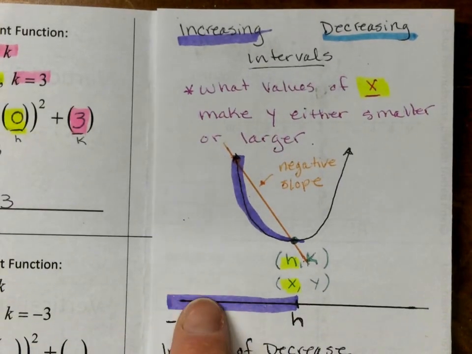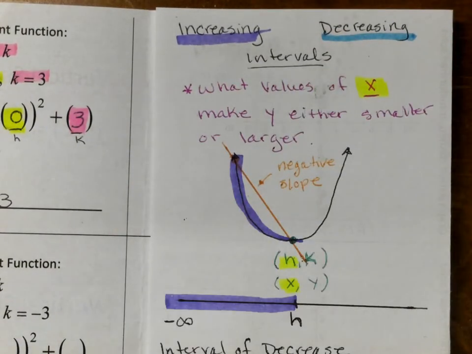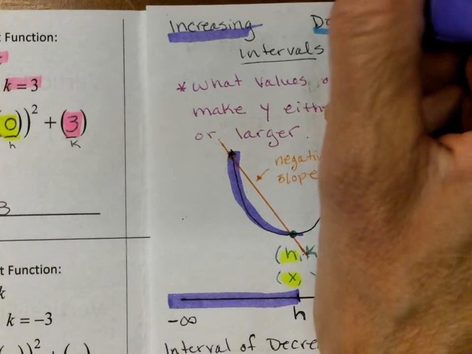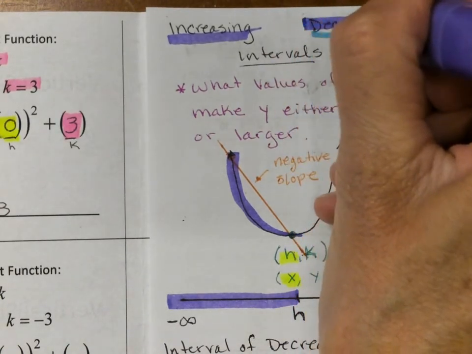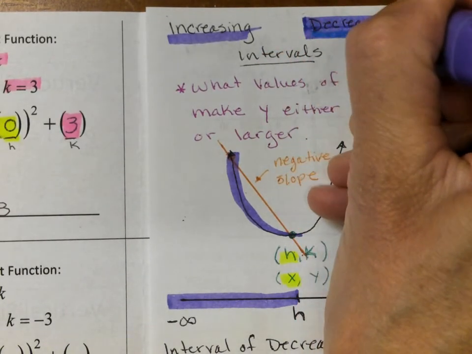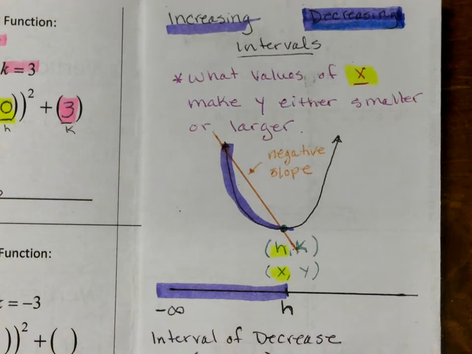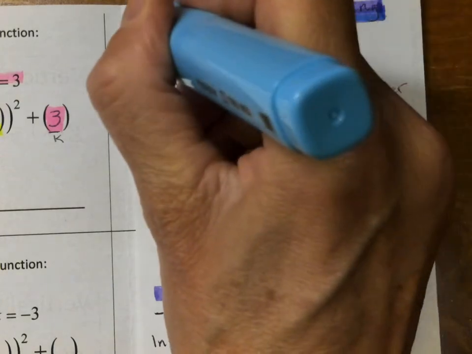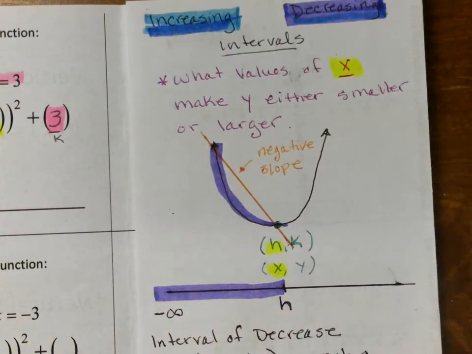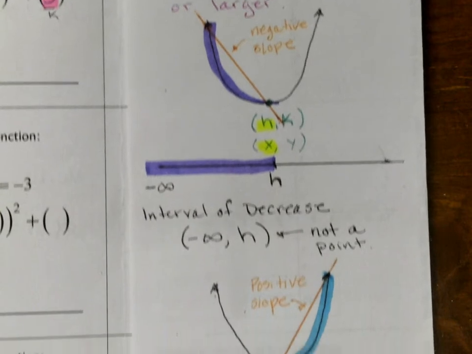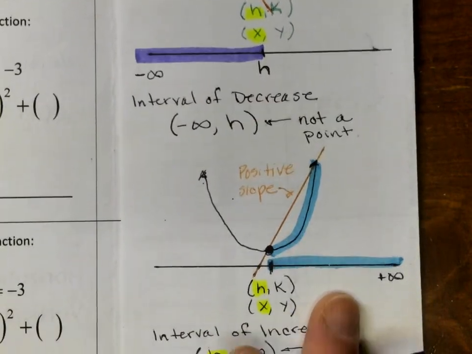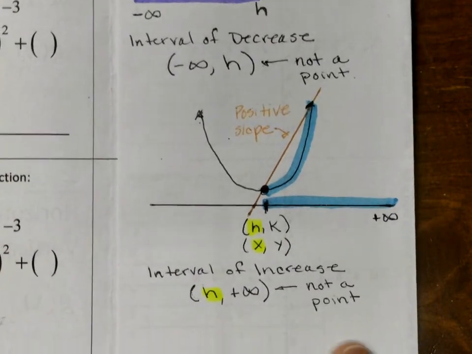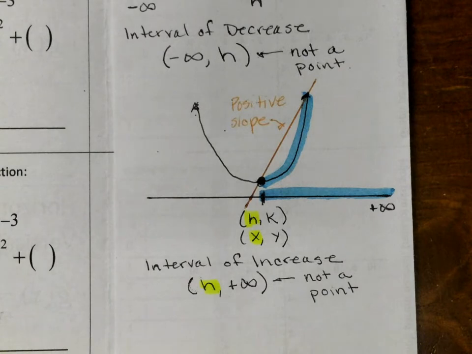So let's correct this mistake up here. I did my decreasing in purple, so I'm going to highlight that all in purple, and my increasing was blue, so I'm going to highlight that in blue. Okay? We can also put some of these things in words that might be helpful.